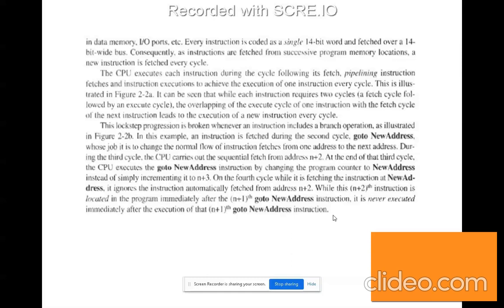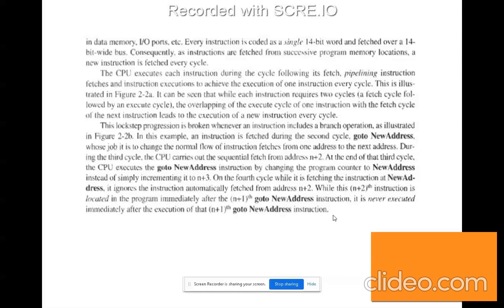While you are accessing the second instruction, the first instruction will be executed, so that you can minimize the timing cycle of instruction execution. Execution time will be minimized due to the pipelining technique. During the fetching of the second instruction, your first instruction will be executed.